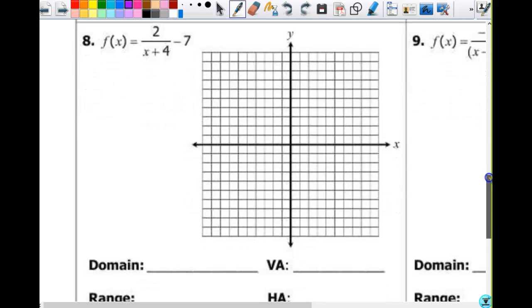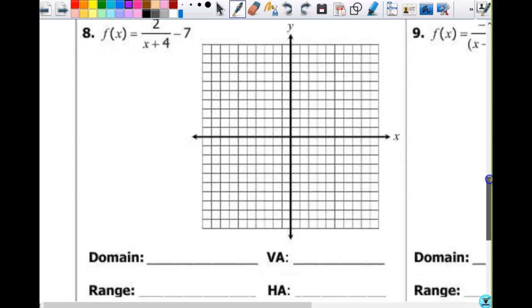Okay, so number 8. My asymptotes are going to be, so this gets shifted which direction? Left or right? Left. So I'm going to go left 4. So instead of being at 0, I'm at x equals negative 4, which is also just like finding the zeros of the denominator.